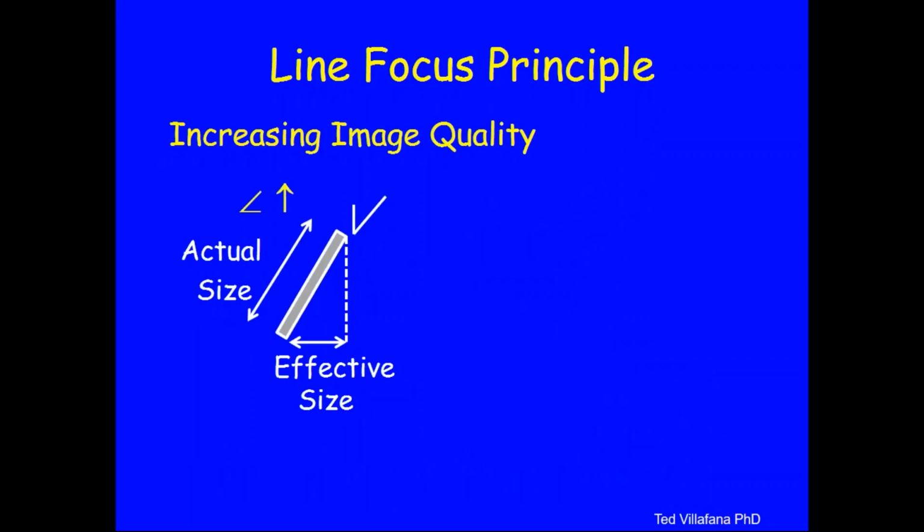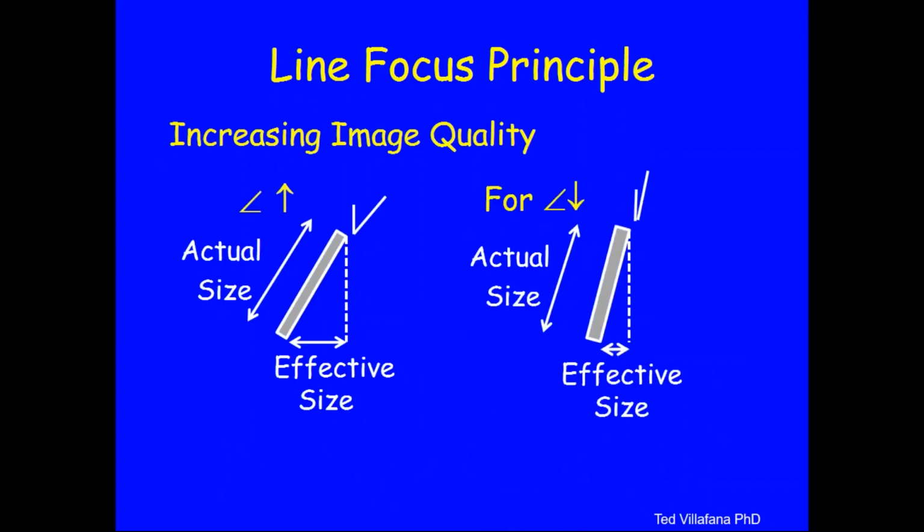Again, we start out with a given angle, and again we go to a different angle, but this time let's keep the actual size the same. Keeping the actual size the same means no change in heat capacity. But look at what's happened to the effective size. It's so much smaller than the larger angle. So here's another statement of the line focus principle.